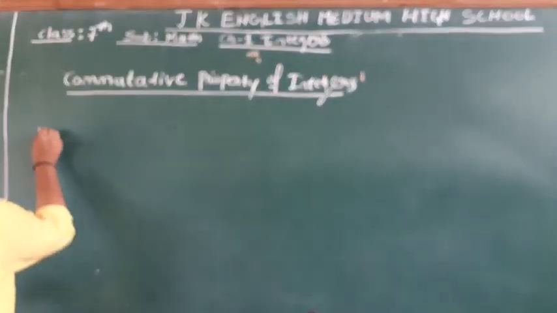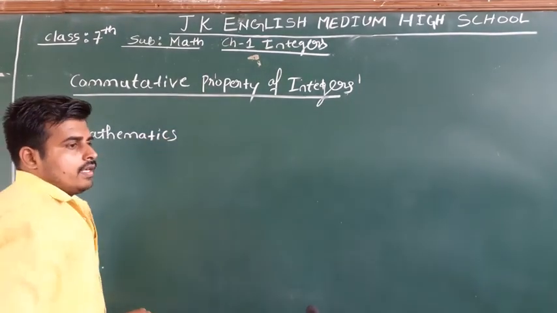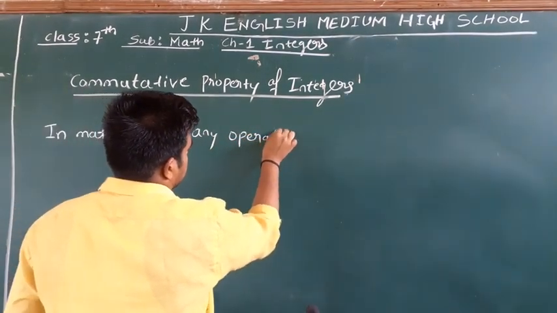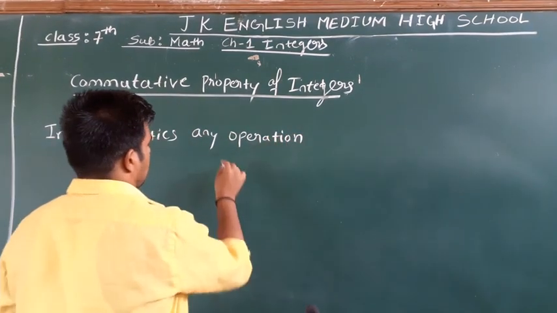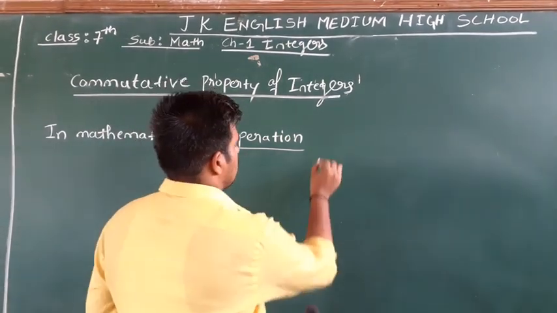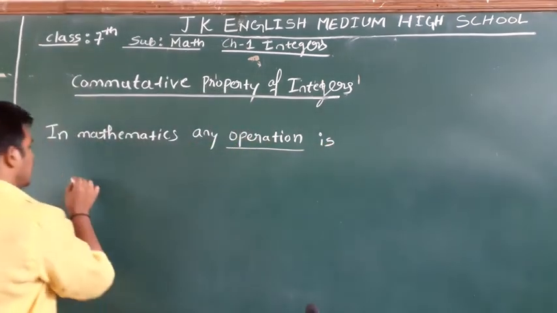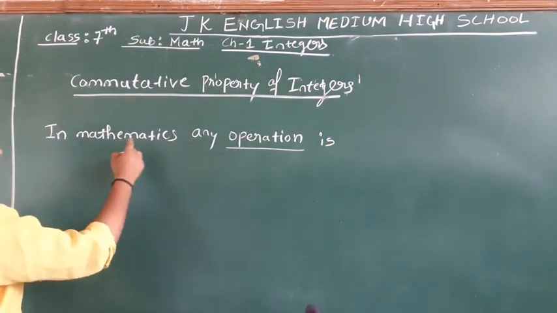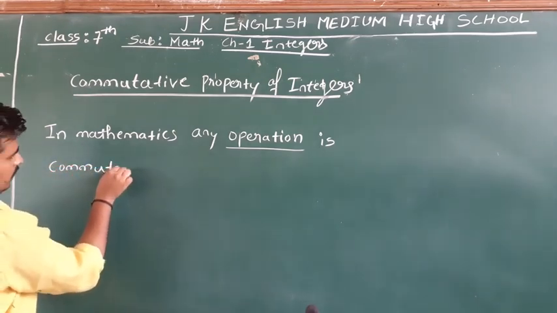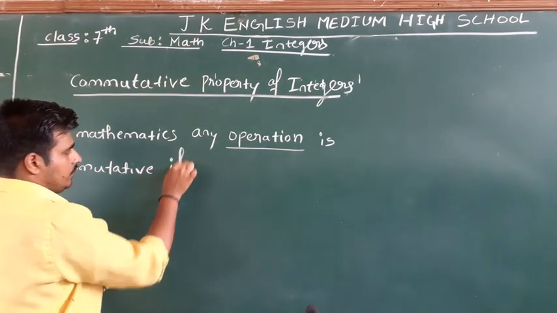In mathematics, any operation, meaning addition, subtraction, multiplication and division, is known as commutative if there is a condition.